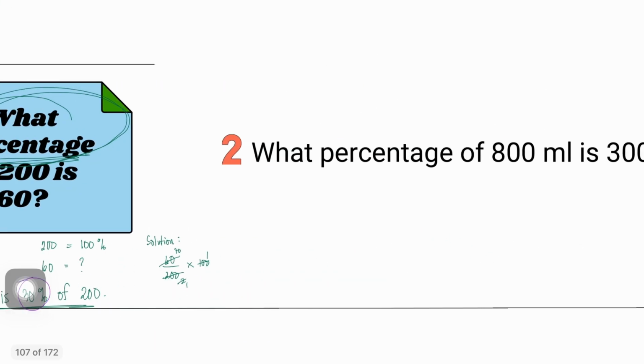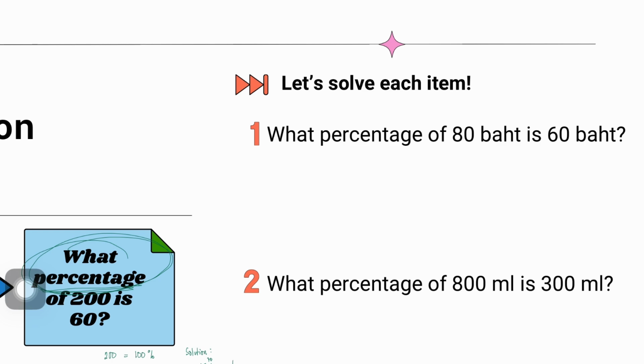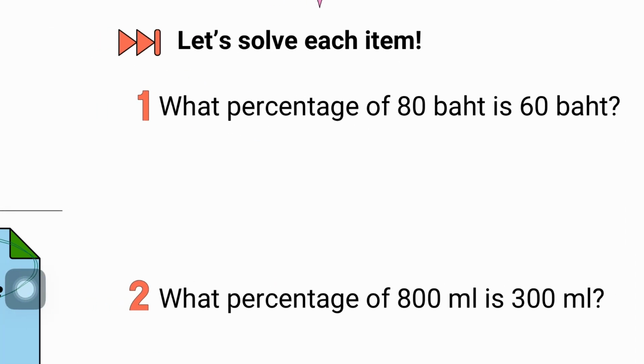Now let's try the next one. The question is, what percentage of 80 baht is 60 baht? So your 100% is 80. And we are looking for your 60 baht in percentage. So that will be 60 over 80 times 100. Do the cancellation. 80 divided by 20 is 4.